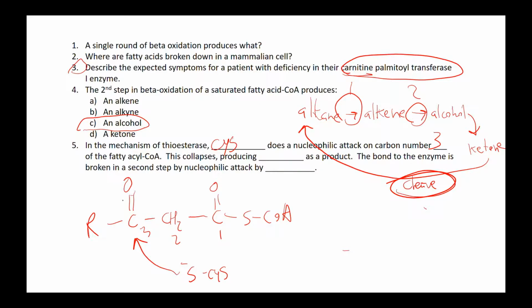That will push the electrons up on there. In the second step, let me redraw this slightly. In the second step, this will collapse down, and what's going to be the product? We're going to cleave off this portion here, the portion on the right.